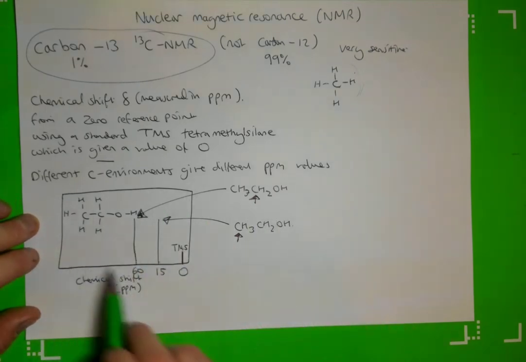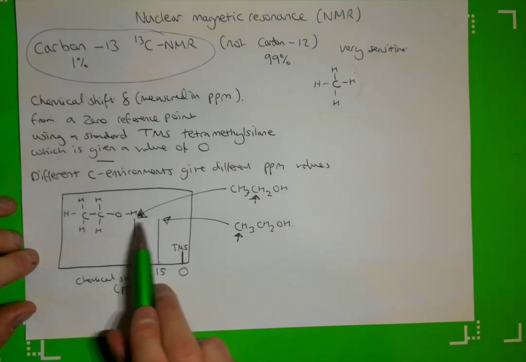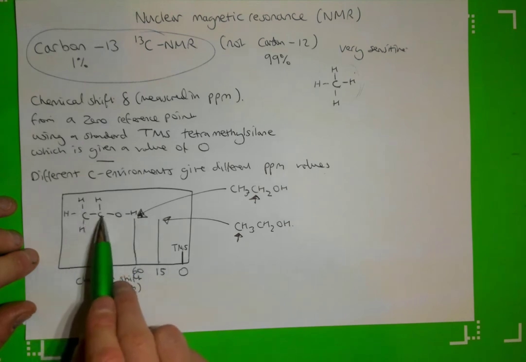So we can conclude from this graph here, the fact that it's got two peaks, in addition to the TMS standard, that there's two carbon environments in that molecule that are different. This carbon here is different to that carbon there.